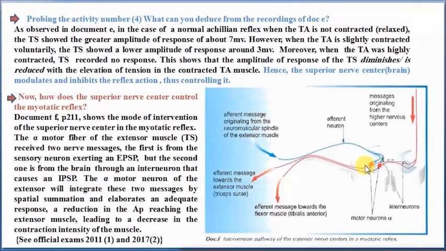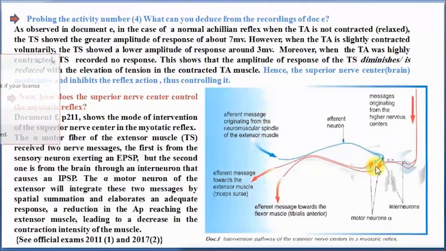It differs in that this alpha motor neuron, under the action of the superior nerve center, is going to have a reduction in the action potential reaching the extensor muscle, because it has received two different messages, an EPSP and an IPSP, and adds them up by spatial summation.